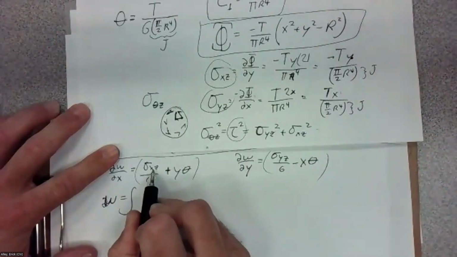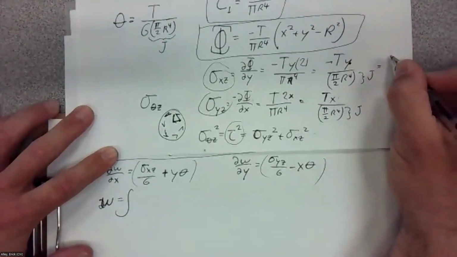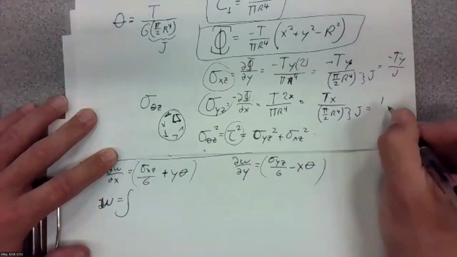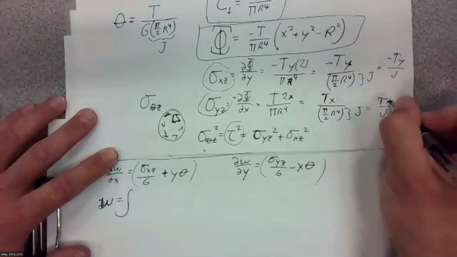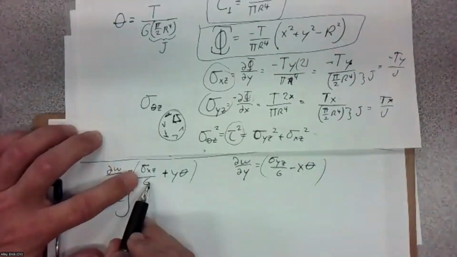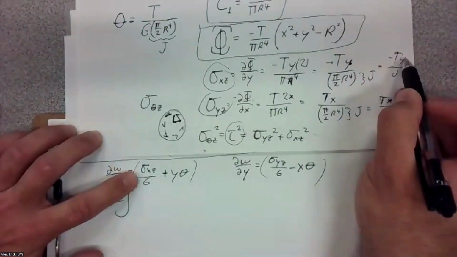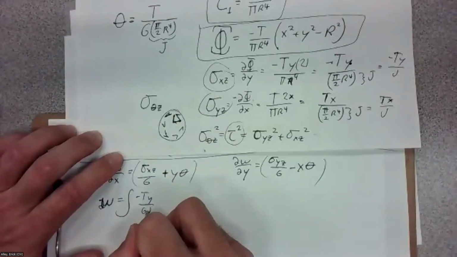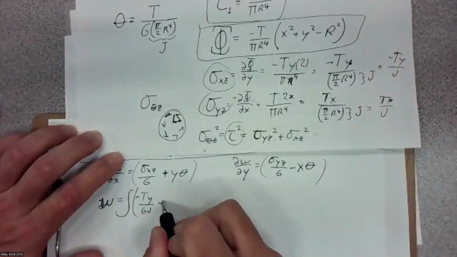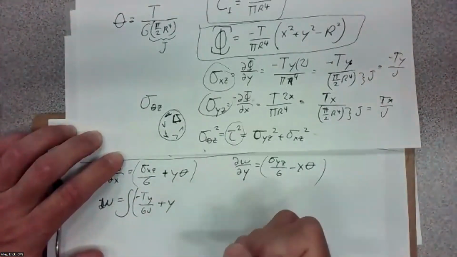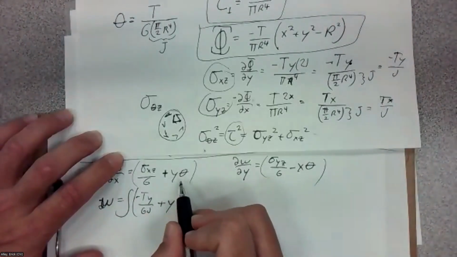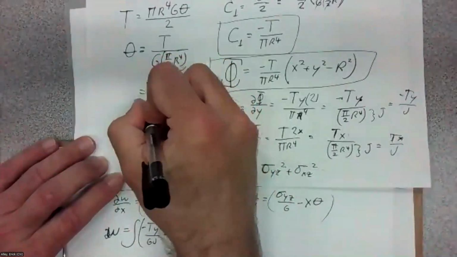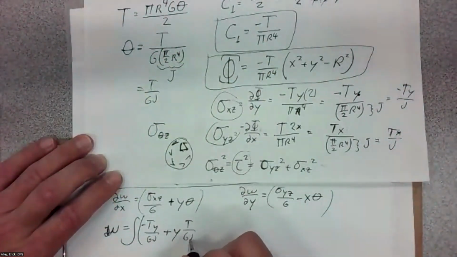Sigma xz over G. We had sigma xz as minus ty over J, and sigma yz is tx over J. So sigma xz divided by G is minus ty over GJ, and then on our plus here, we've got y times theta. If we go back up to theta, it was just T over GJ, what we're supposed to get for a circle, T over GJ, right?